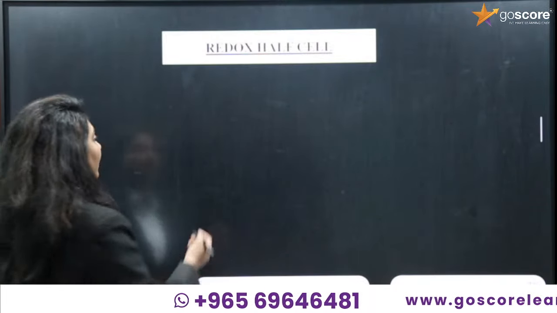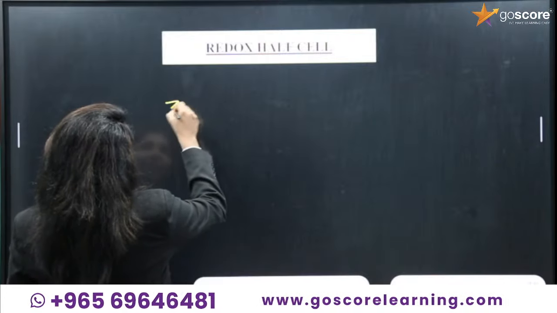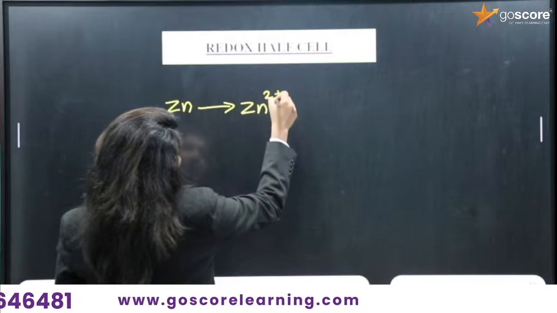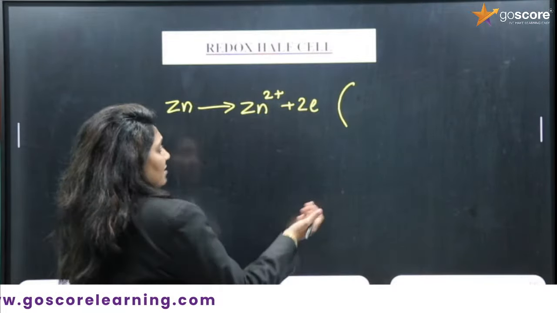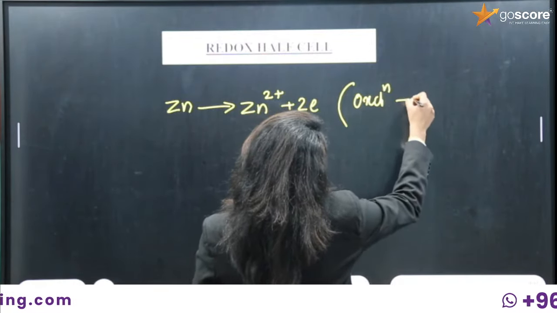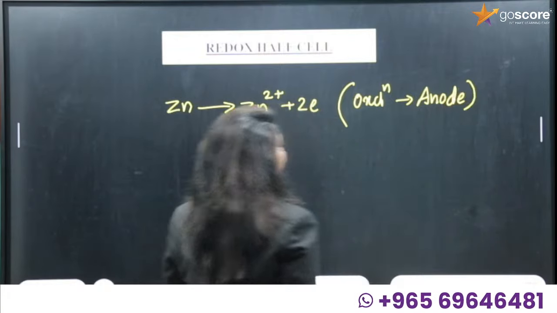Right? So here we can take the same example for the galvanic cell, in which the zinc is converting into Zn2+ plus 2 electrons, and thus zinc is losing the electrons. That means oxidation occurs at where? At the anode, right?